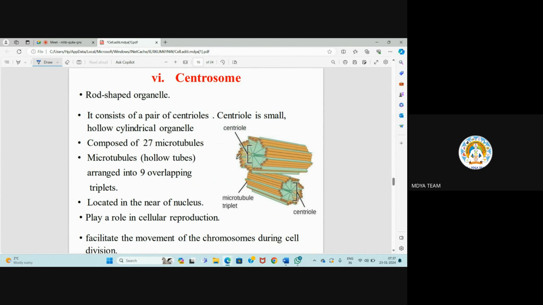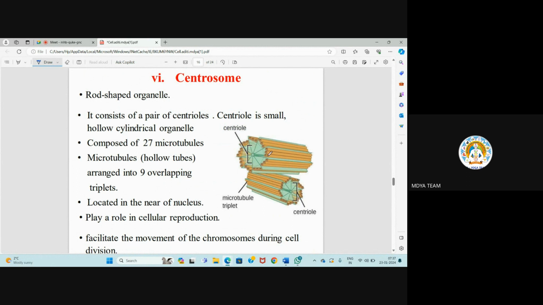It's a collection of rods, right? Each rod here is known as a centriole. And the centrioles are hollow from inside, and these are cylindrical in shape.